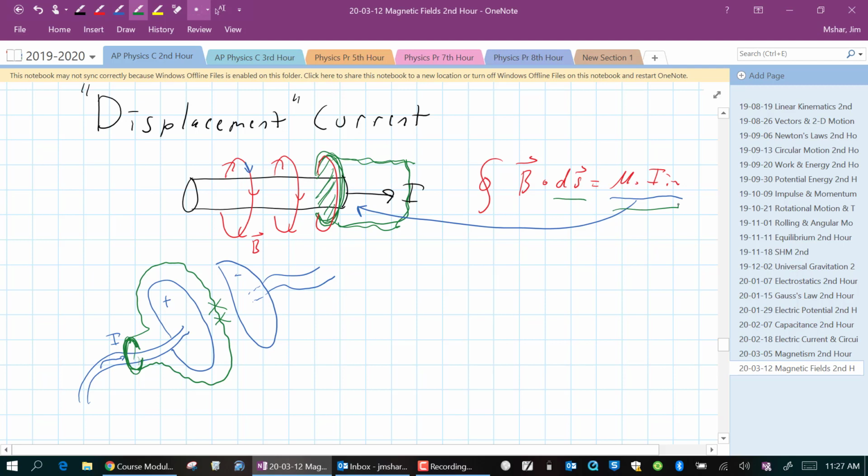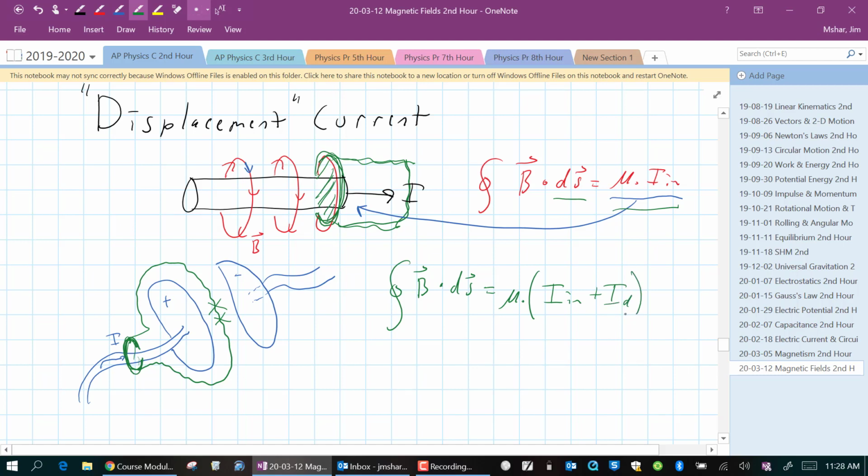It turns out that Ampere's law is actually called Ampere-Maxwell's law when you put these two together. Ampere's law becomes the following: the closed loop integral of B dot ds, that doesn't change, but that equals mu naught times two things: I in, which we're used to, plus I d.